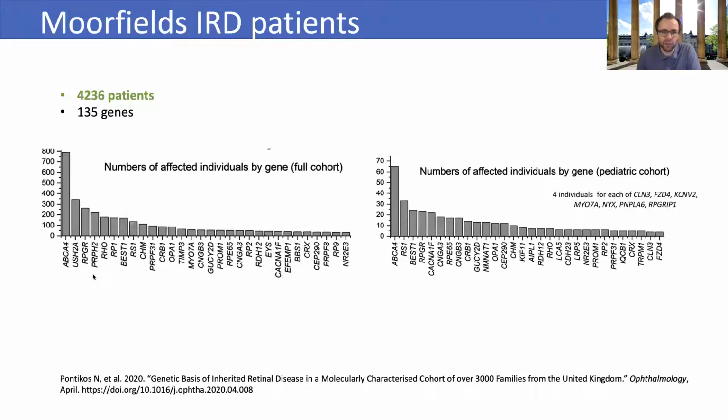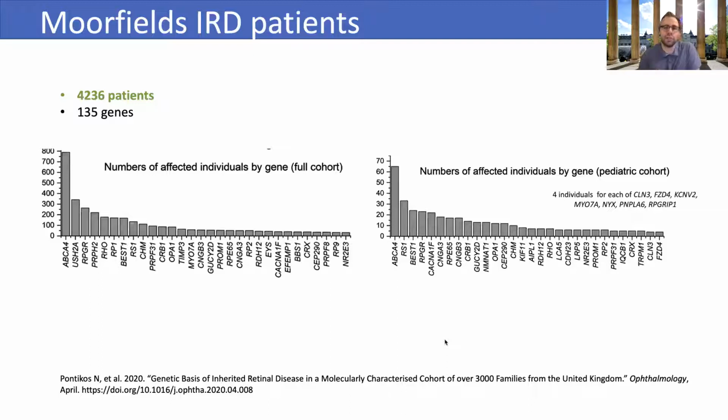And in particular, the second most prevalent gene in adults is USH2A, which is responsible for retinitis pigmentosa and hearing loss. And in the pediatric cohort, it is the RS1 gene, which is associated with X-linked retinoschisis. So there's a difference in gene distribution between adults and the pediatric cohort, really for two reasons.